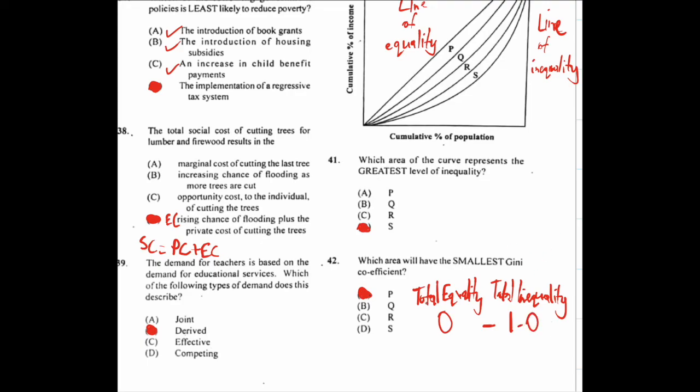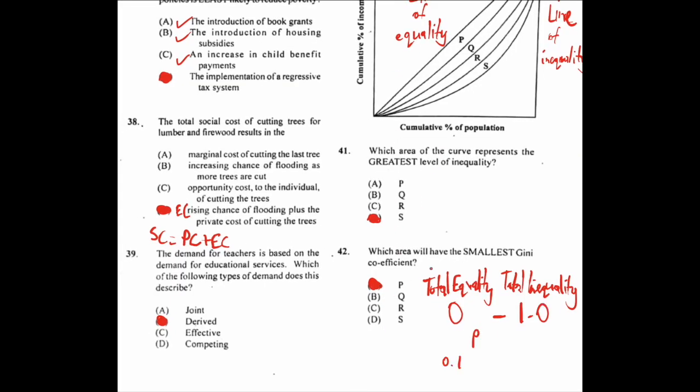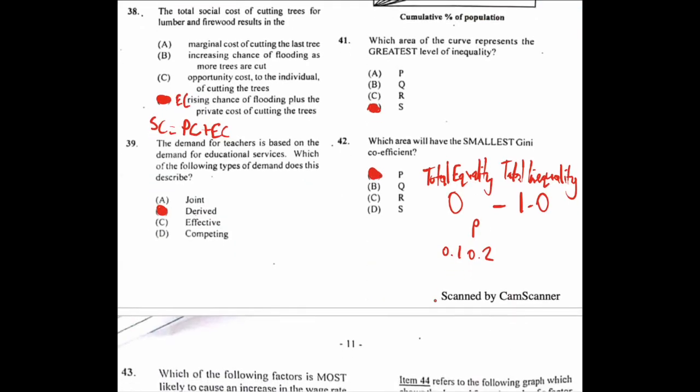So the more even your income distribution is, the closer you are to the line of equality. And the further you are, the closer you are to total inequality, which is 1. So you find that P will have a Gini coefficient which is probably closer to 0, so probably like 0.1, 0.2 in that region, because it's the closest to the line of equality. It has the most even income distribution of all the other curves.